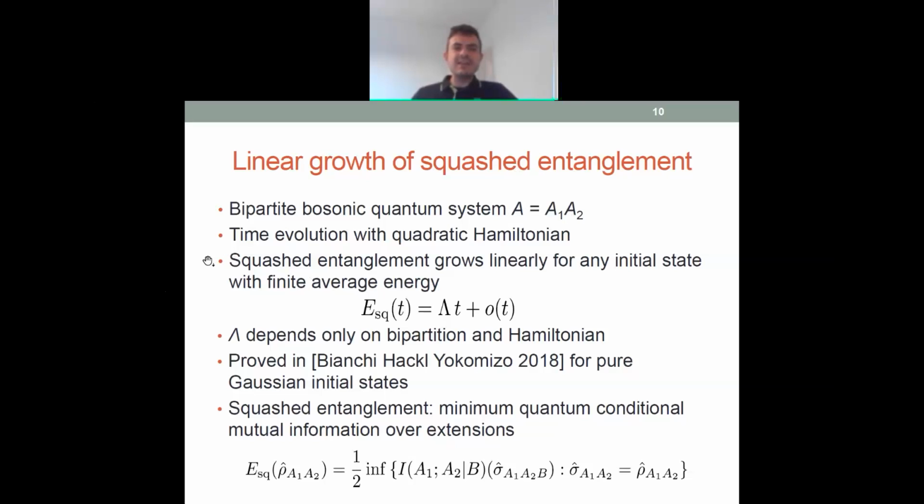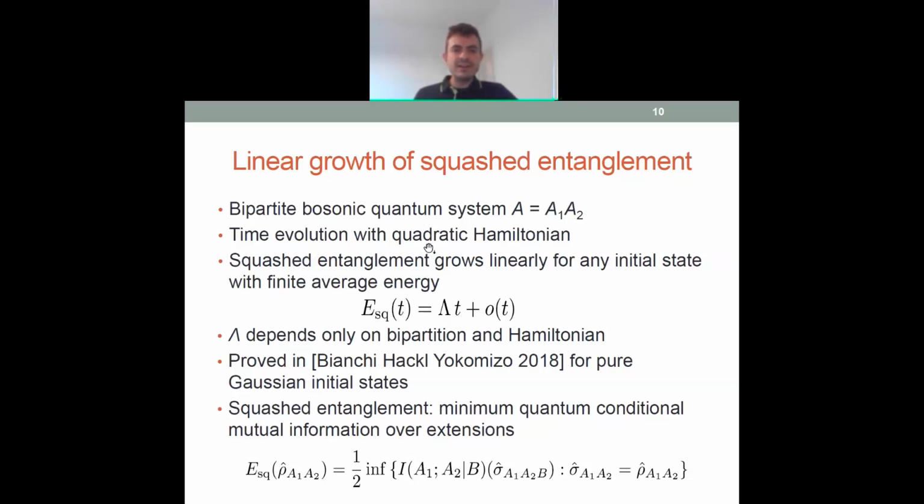And then we consider a generic arbitrary initial state, and we consider the squashed entanglement between these two subregions and how the squashed entanglement scales with time, where the system is evolved with this time-independent generic quadratic Hamiltonian.